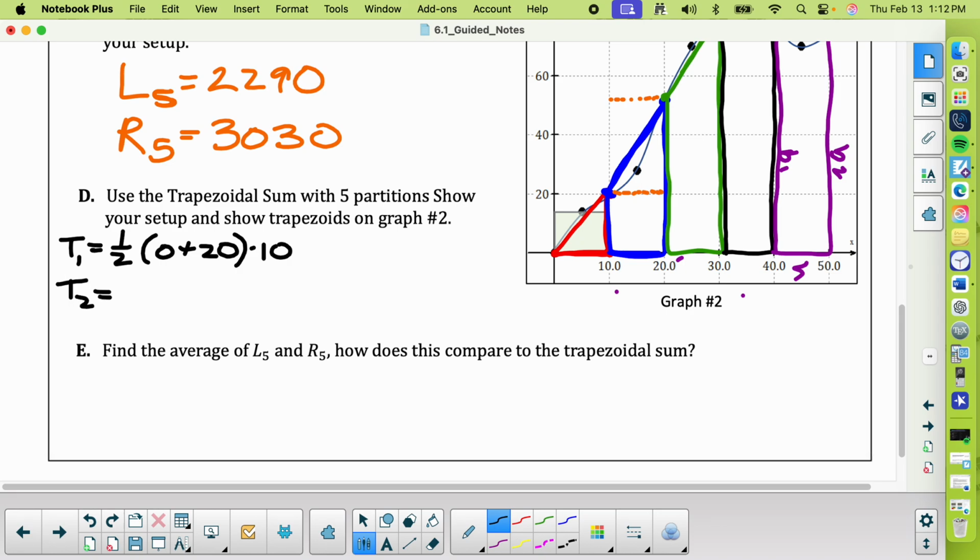Trapezoid 2, the blue one, is going to be 20, I can't see the table. What is it? 28. No, that's not right. No, above 20. 52.